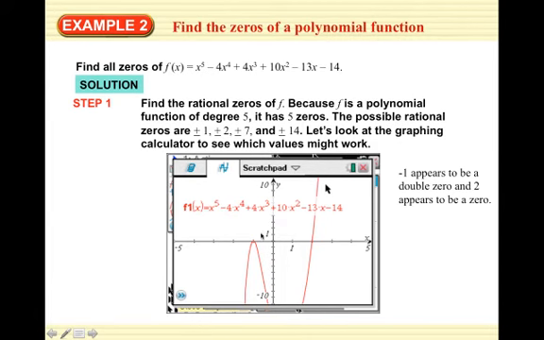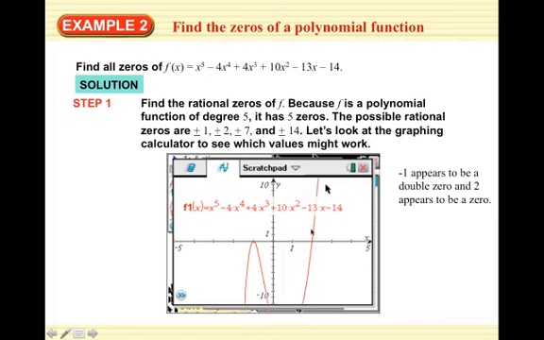Now, because right around -1, it looks like a little parabola, that is an indication that -1 is a double zero. It's going to look like a little quadratic there because it's actually from x plus 1 squared that we would generate the zero of -1.